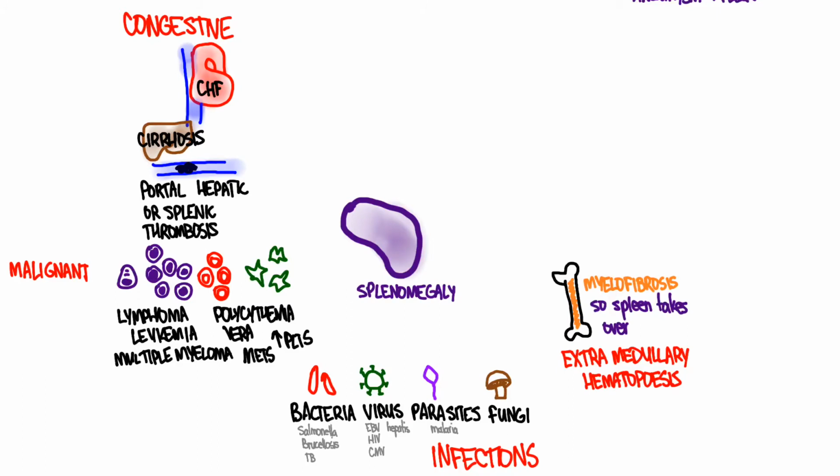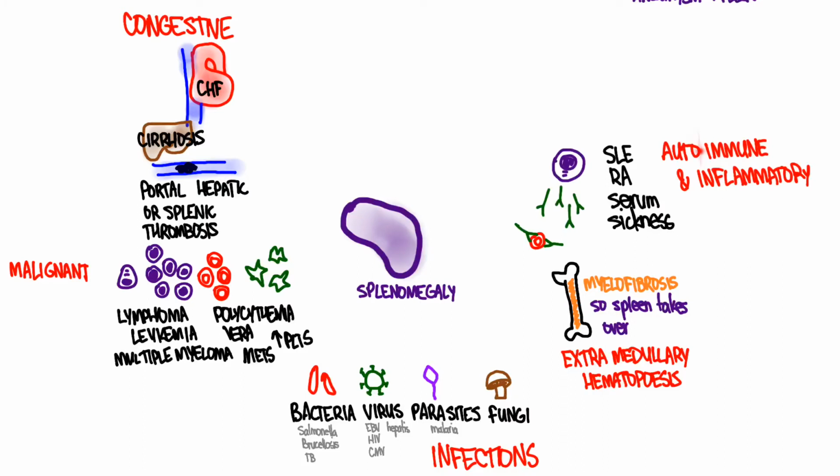With extramedullary hematopoiesis, the spleen takes over the making of blood cells in disease processes such as myelofibrosis. And autoimmune and inflammatory diseases like lupus, rheumatoid arthritis that ramp up the immune response, and especially diseases where you have autoimmune destruction of red blood cells, because we know that's going to also be taken up and taken care of in the spleen.